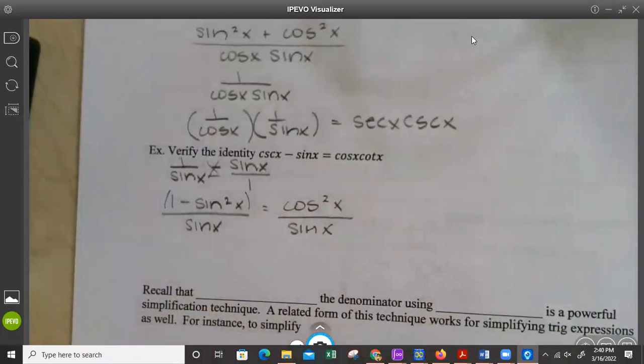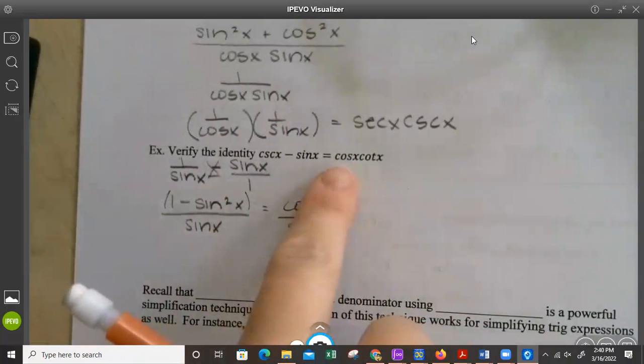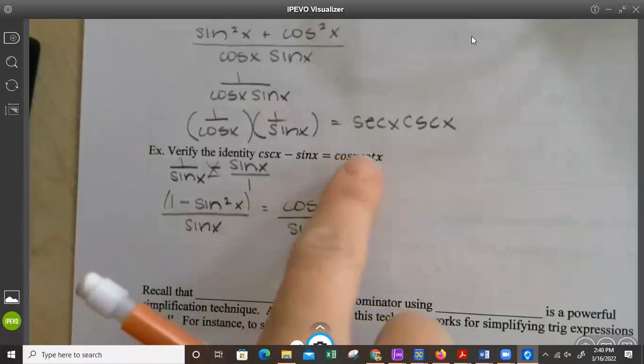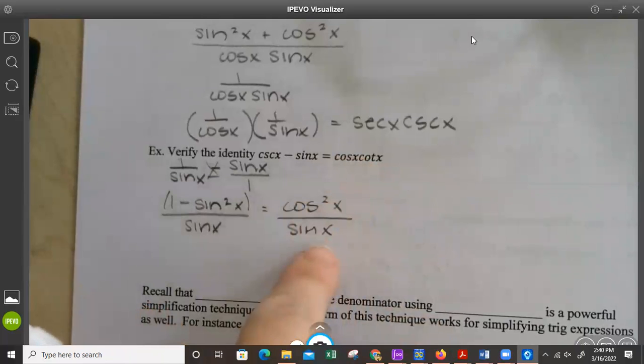So the top is one of those Pythagorean identities, cosine squared x. What are we trying to get to? What is cotan? So technically, I have a cosine and then a cosine over sine.